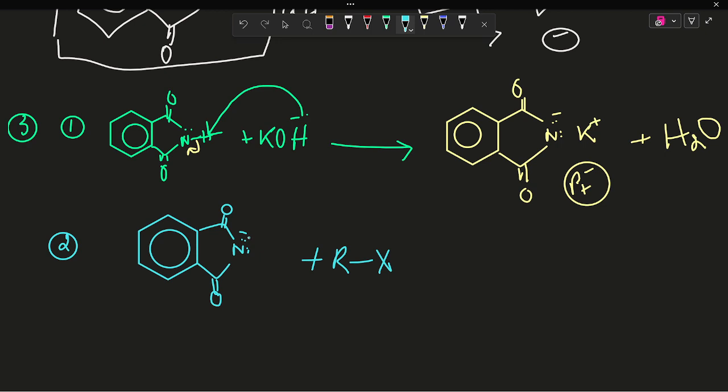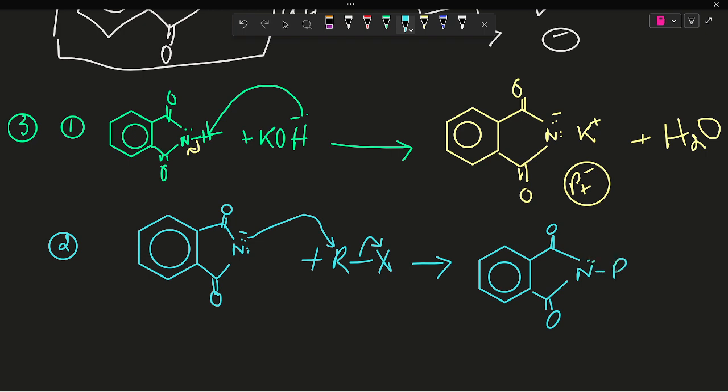Now what happens is this N negative attacks this R, and this X takes the bond pair and converts it into its lone pair. So what we get is something like this: oxygen over here, oxygen over here, nitrogen over here with a lone pair, and R connected to it.